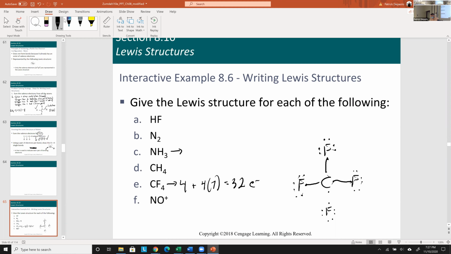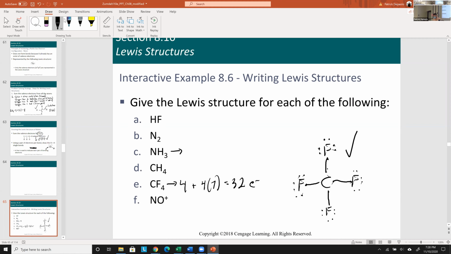Like that. Ta-da! Then you're done, once you can account that every element is happy. Fluorine has 8. Carbon has 8, has 4 bonds, 4 times 2 is 8. And then you're good. Okay, does that make sense?